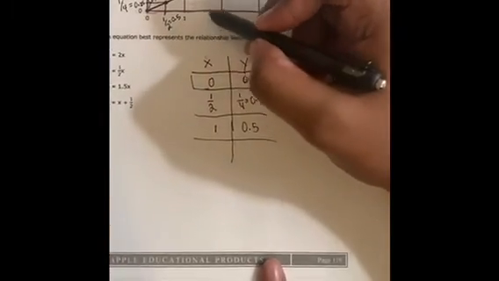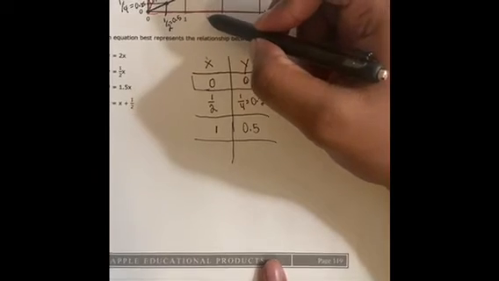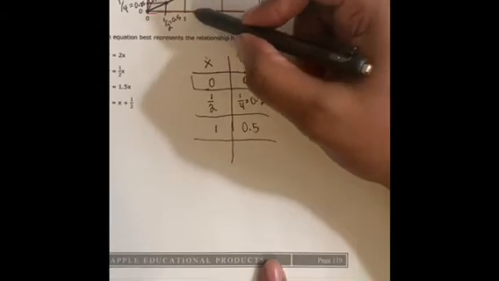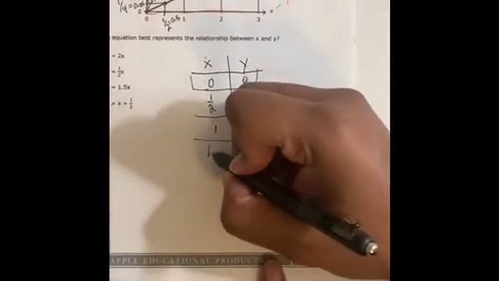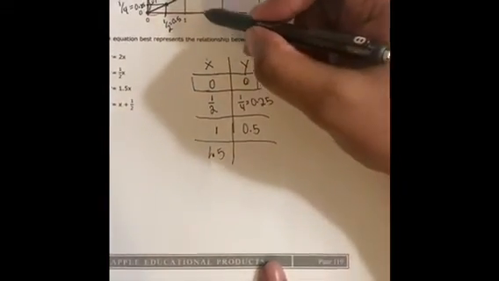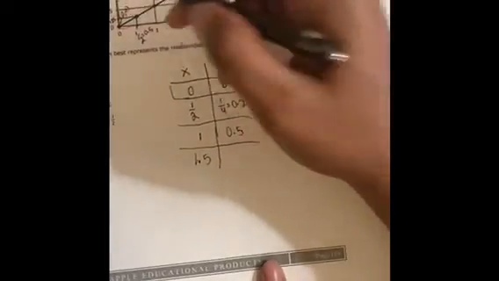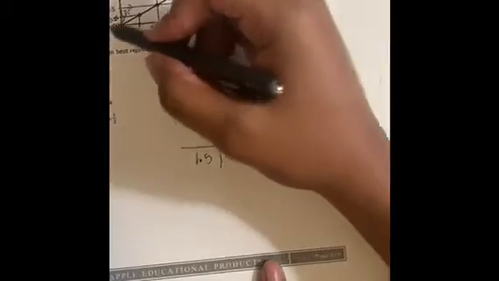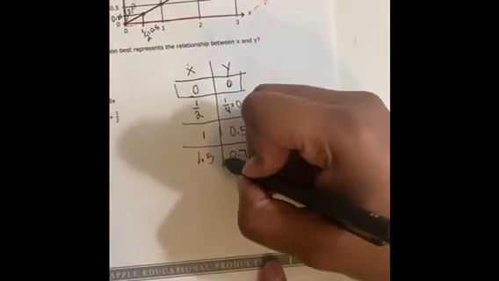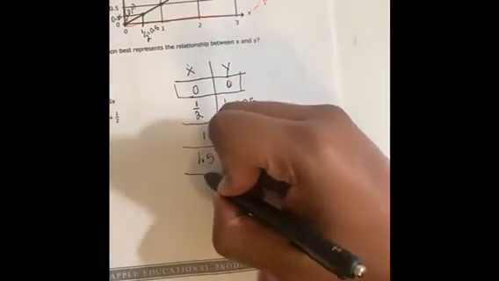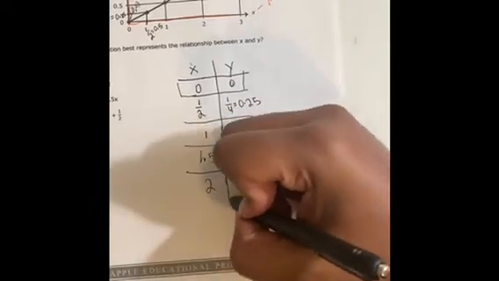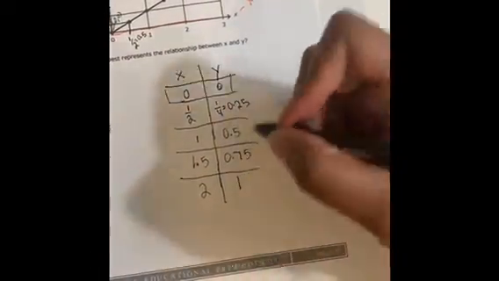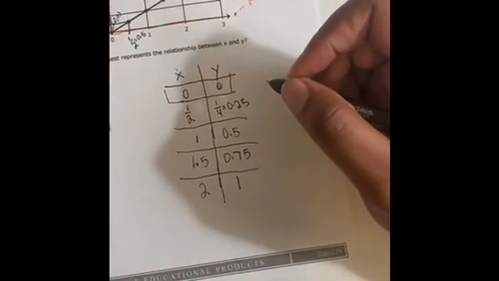When x is 1.5 or 1 and 1/2, y is 0.75. Now, when x is 2, y is 1. When x is 2, y is 1.